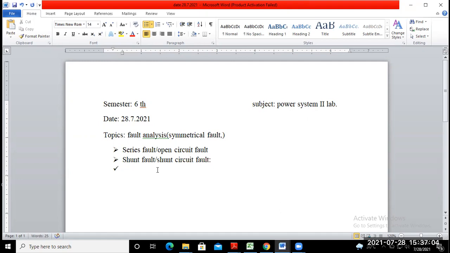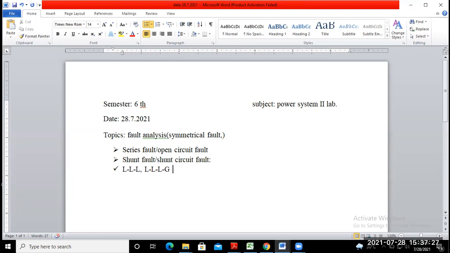So triple line fault or triple line to ground fault. Okay.